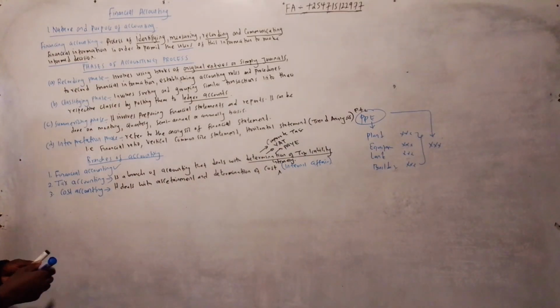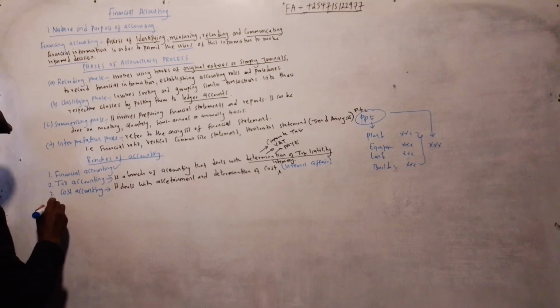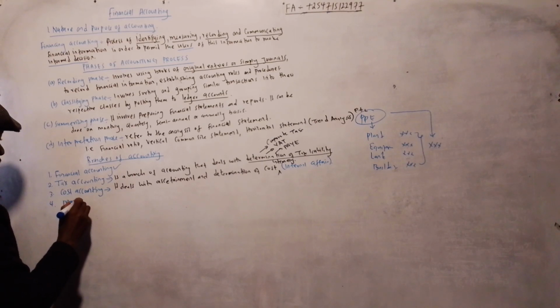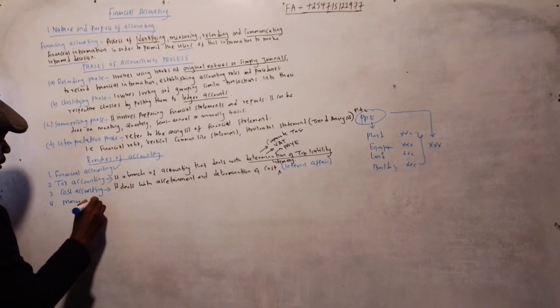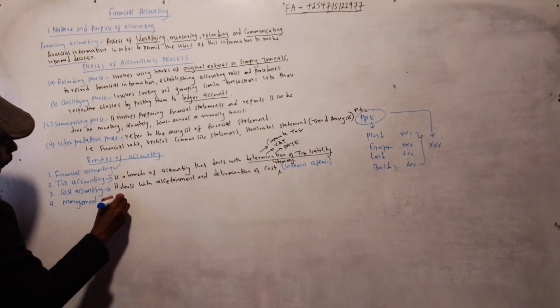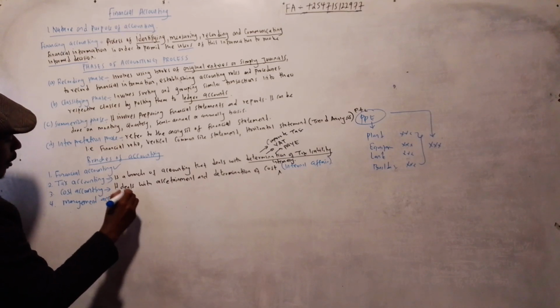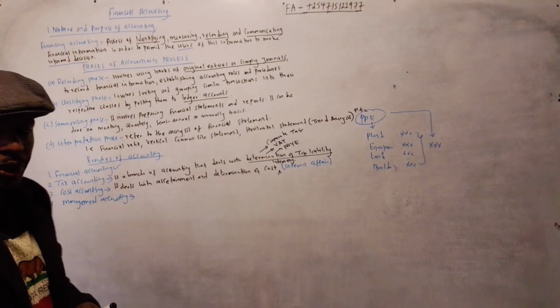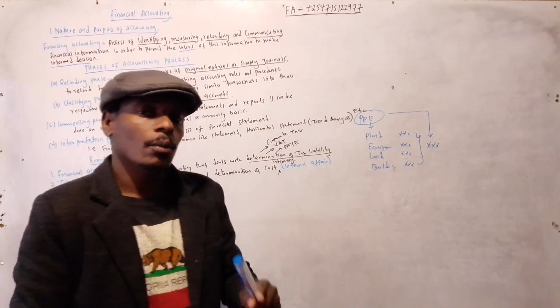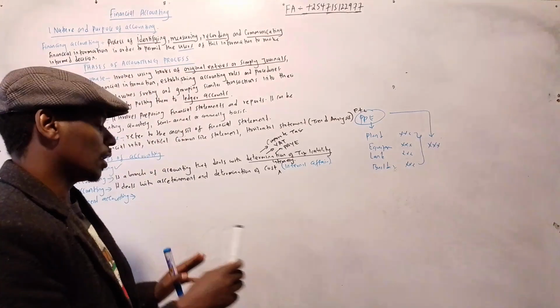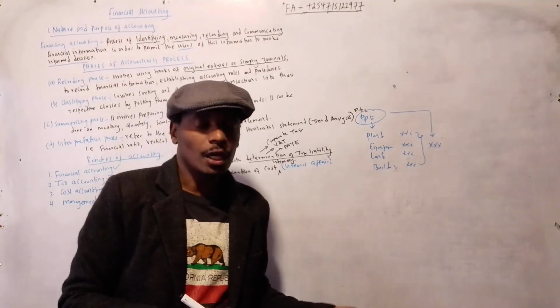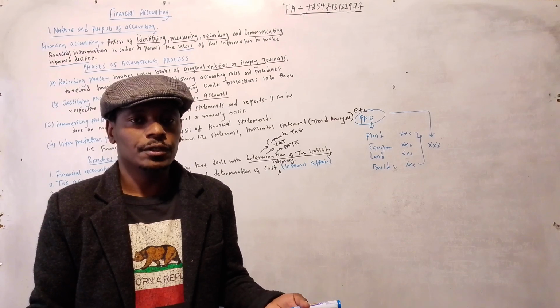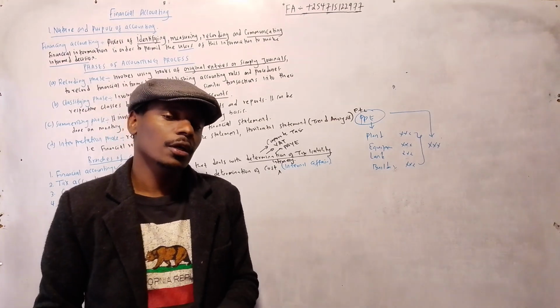Then we have number 4, management accounting. Now for management accounting, this one purposely deals with the decision-making process of the organization, also internally. Remember, cost accounting and management accounting are related fields, so they work hand in hand. They are brother and sister.